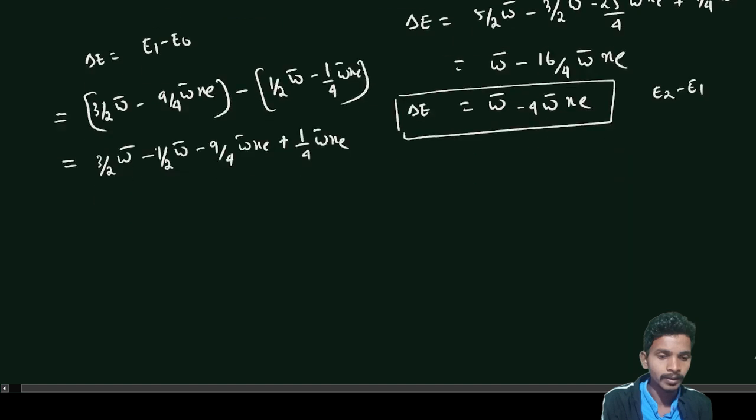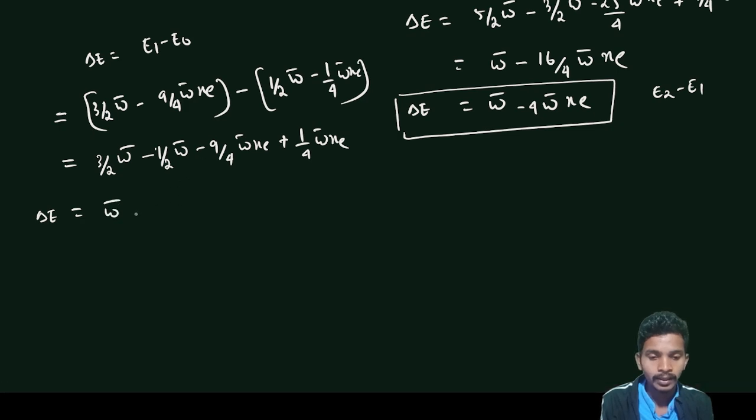So if I subtract it, then 3 upon 2 minus 1 upon 2, that is omega, and this becomes minus 8 upon 4, that is minus 2 omega xe.